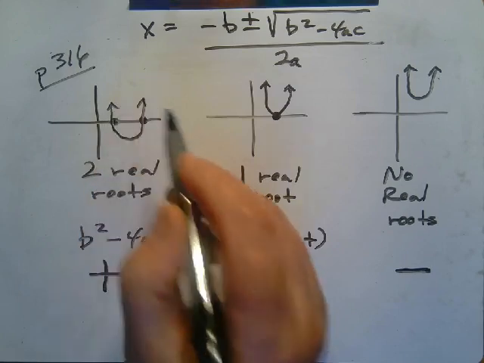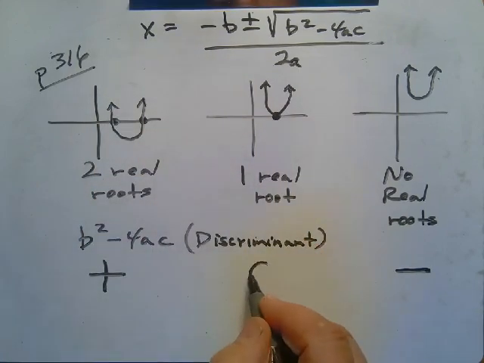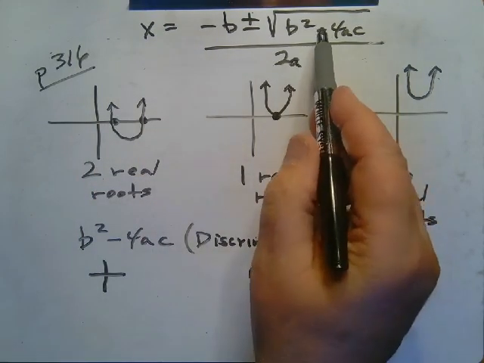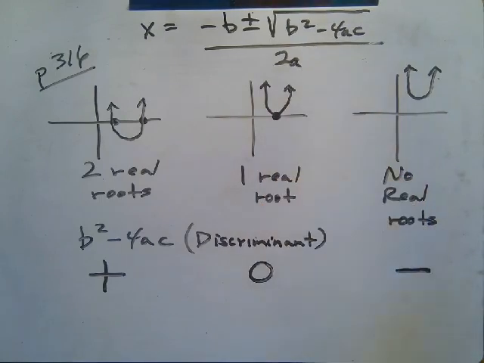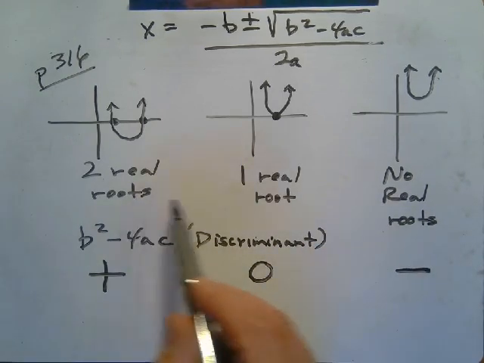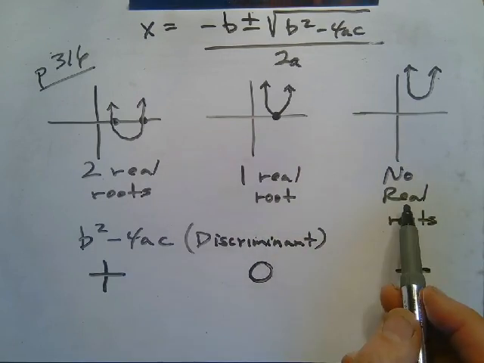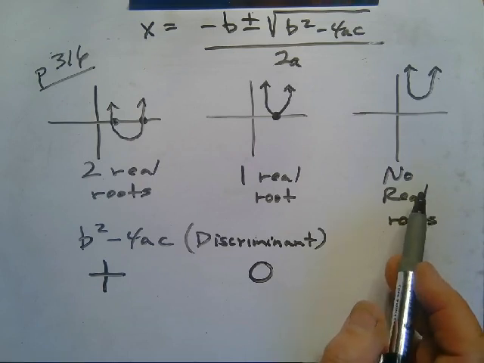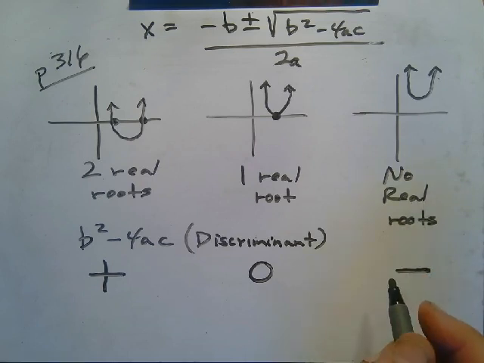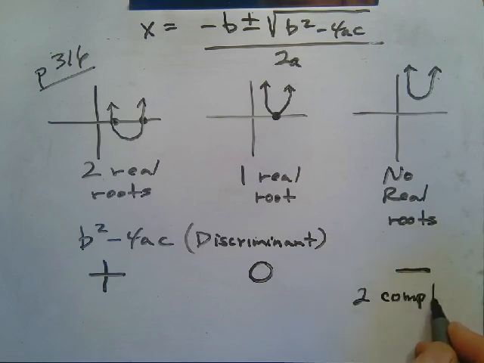And in the one situation where the discriminant was 0, we only had one real root. This is a way you can tell by looking at a problem how many roots it's going to have, and whether they are real or complex. This has no real roots. It has two complex roots, but no real roots. I can write that down here. It has two complex roots.